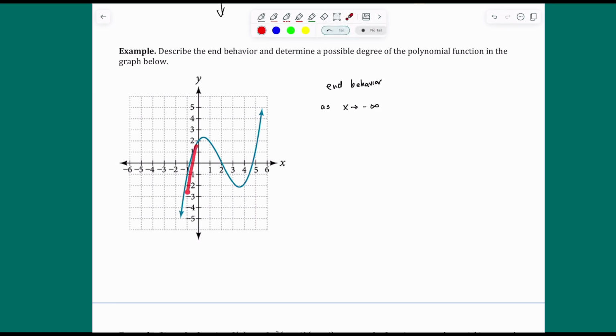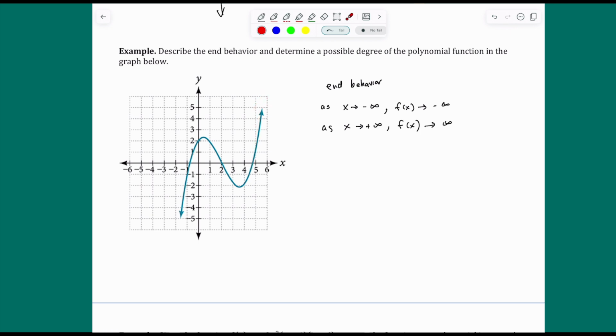We can see that the y values are starting to shoot down, and that means f of x goes to negative infinity. Likewise, as x approaches positive infinity, we can see that f of x approaches positive infinity, because the graph is shooting up. Okay, so that's the end behavior.